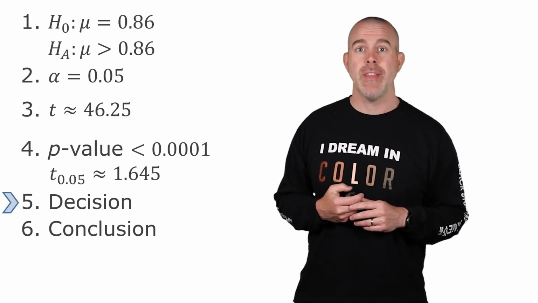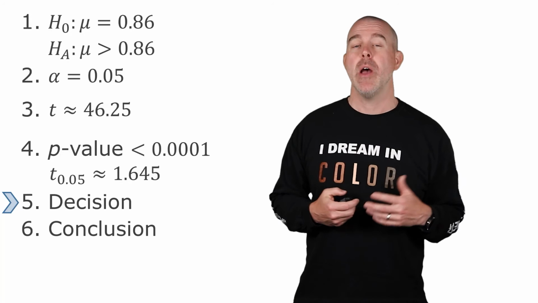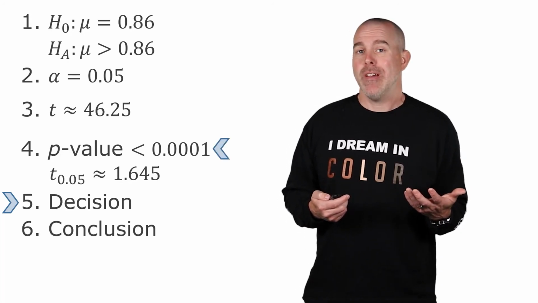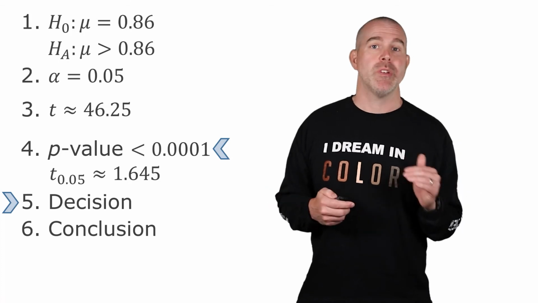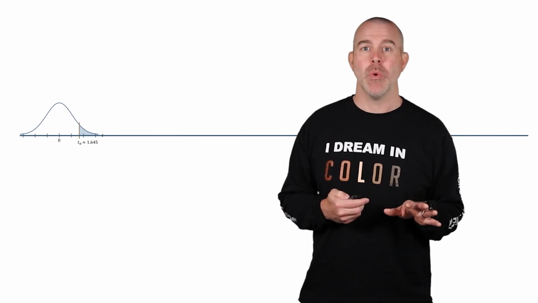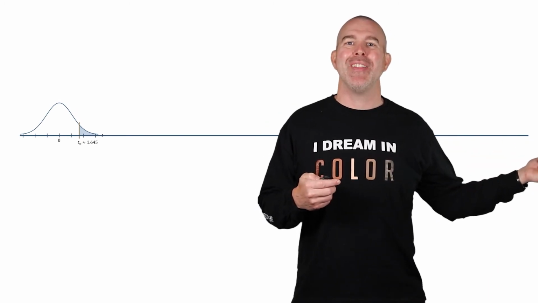Let's continue on in the hypothesis testing process here. We need to make our decision. Well, our p-value here is clearly very small, so we should reject. If we look at the position of our critical value, that's 1.645, and then way over on the other side is our 46.25.